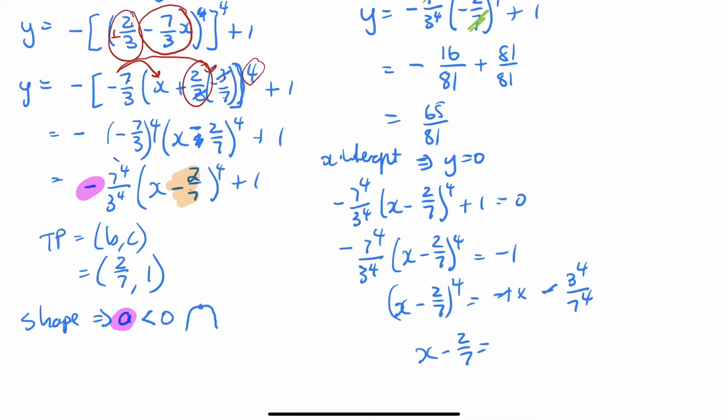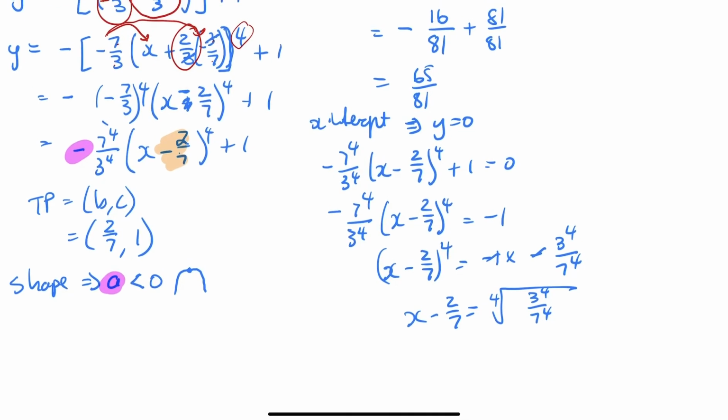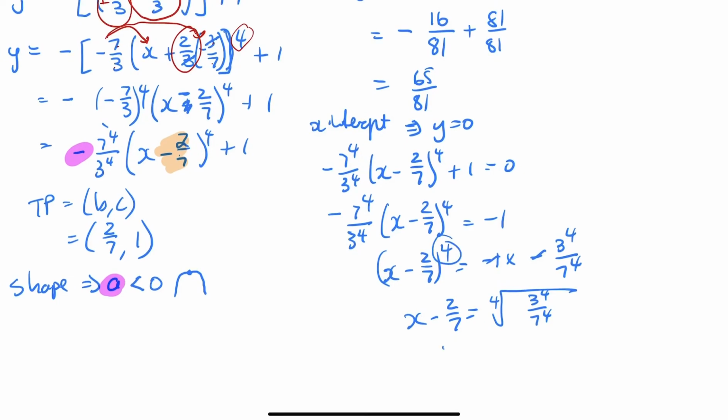And now I'm going to take the 4th root of 3 to the power 4 over 7 to the power 4. I'm going to take the 4th root to get rid of this 4. X minus 2 over 7 is going to be equal to the 4th root of this, the power and that power cancel, so that is 3 over 7.